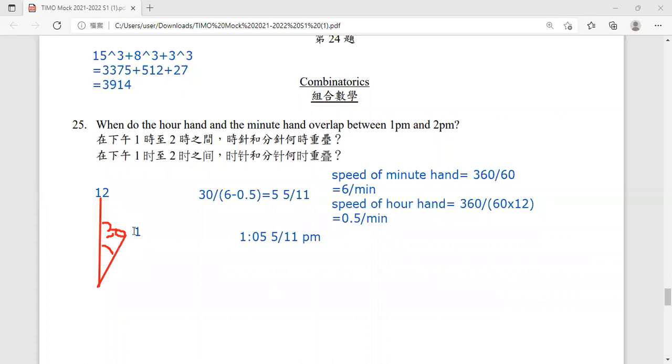The whole circle, 360 degrees, is divided into 12 parts. One part is 30 degrees. Okay, for 26.